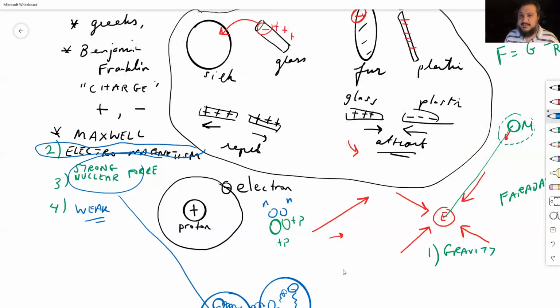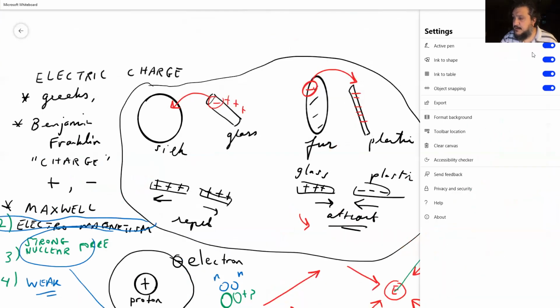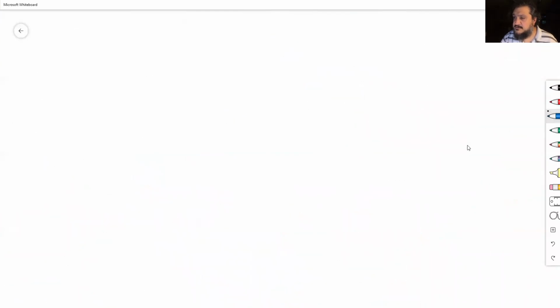Anyways, so let's start from this force between charges, which we call the electrostatic force or Coulomb force. Let's start there and see how this goes. By the way, in order to charge an object, this is not the only way, like glass against silk or plastic against fur.